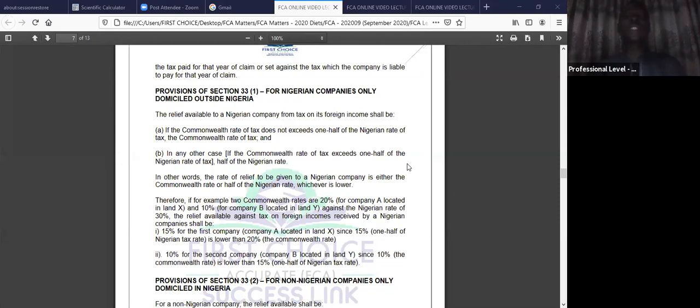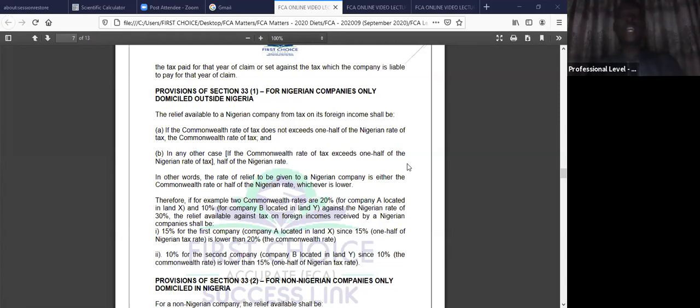Why are you slicing it into half? Because there is no agreement, they cannot be enjoying the same thing as those who have an agreement. Those who have an agreement, the maximum they can be relieved is the whole of Nigerian tax.